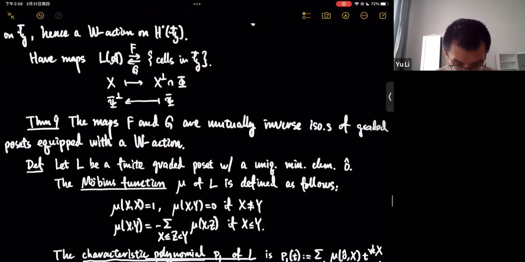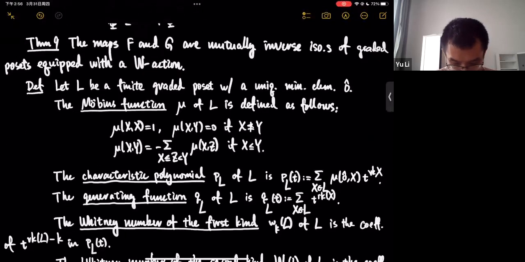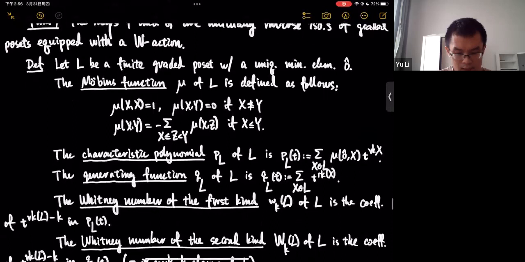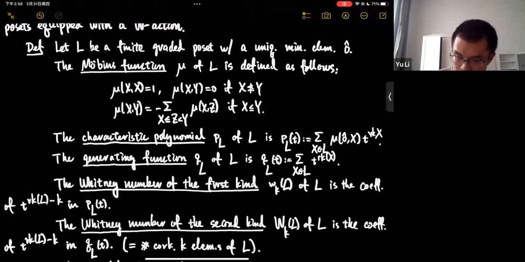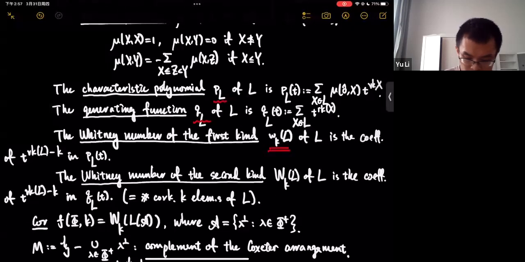Okay, so using the intersection lattice, I can express the Betti numbers. So what happens is that, in general, if I have a lattice, here in this definition denoted by L, but I don't think I'll have time to go through this definition. I'll just say the following: for each such L, one can define its characteristic polynomial P of L and its generating function Q of L. And then I define the Whitney numbers of the first kind, denoted by small w of k, to be the coefficient of a certain power of t inside the characteristic polynomial.